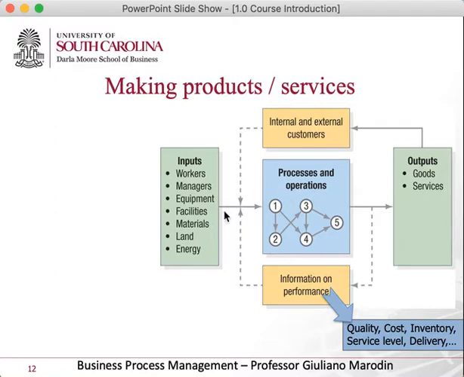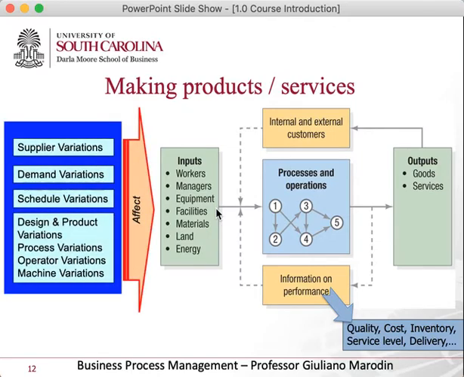I need to make my layout different so I can reduce the cost. So there's plenty of ways that I can impact those performance metrics here by changing how I use my inputs, right?